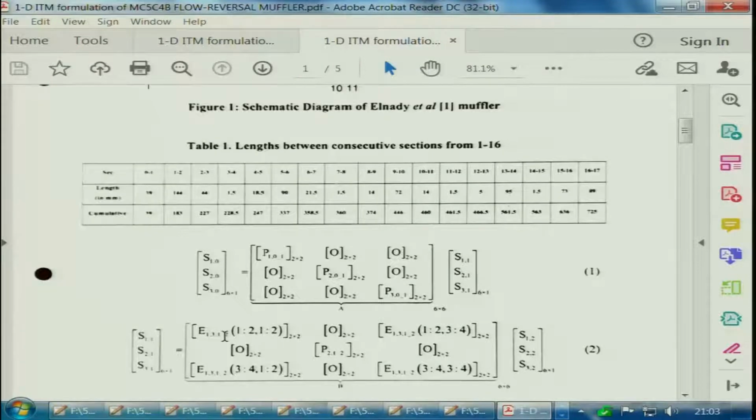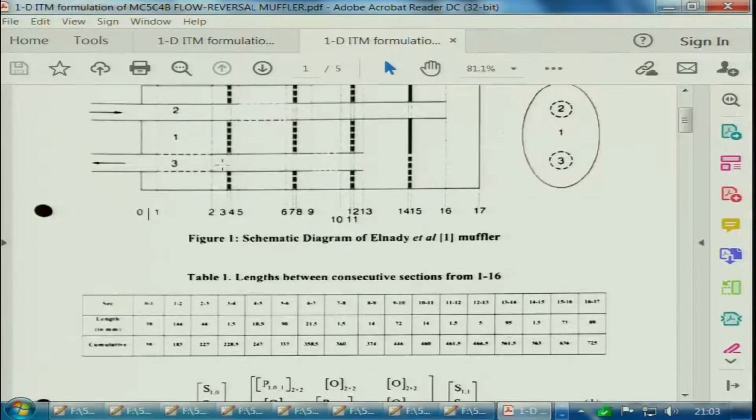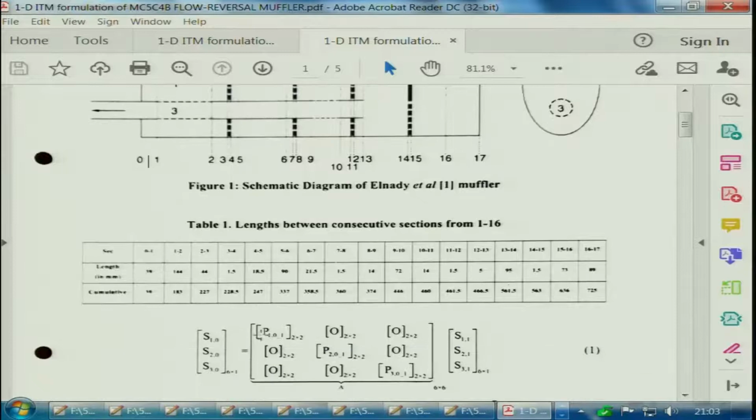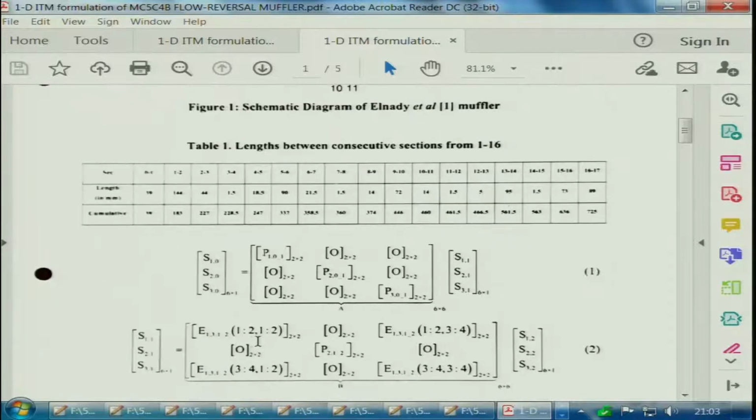The relation between 1 and 3 is such that you take chunks of the overall 4 cross 4 matrix and dump the first 2 rows and first 2 columns somewhere here, and the remaining part somewhere here.